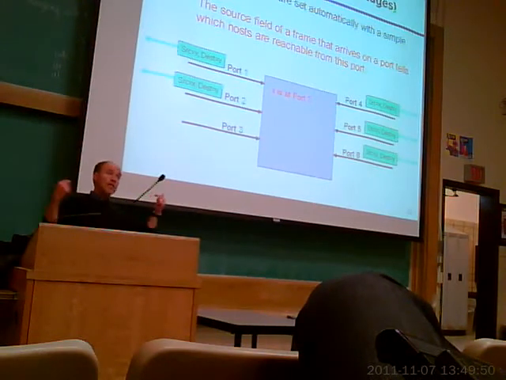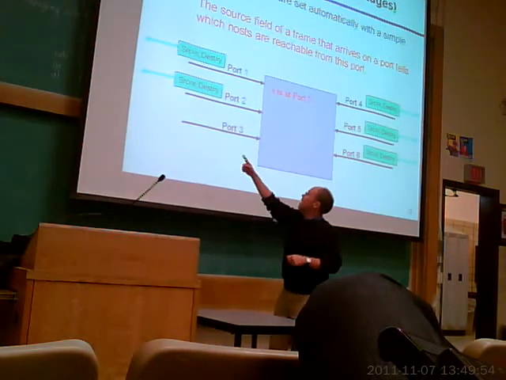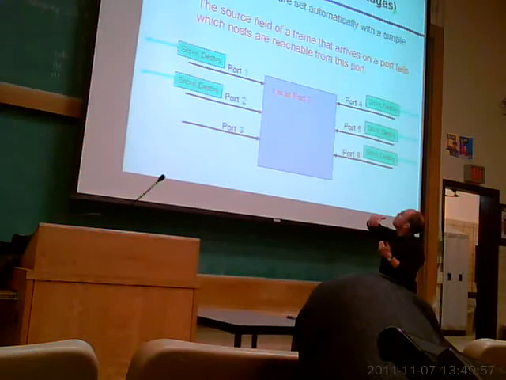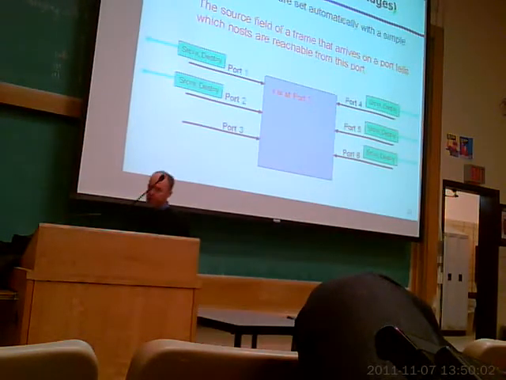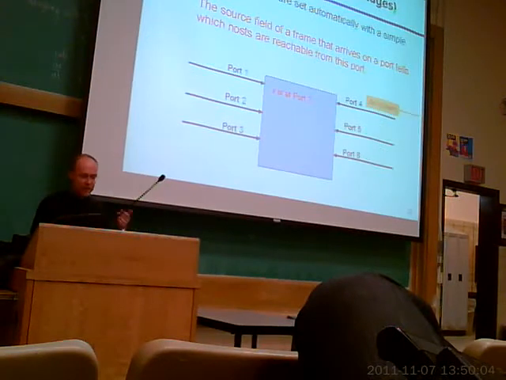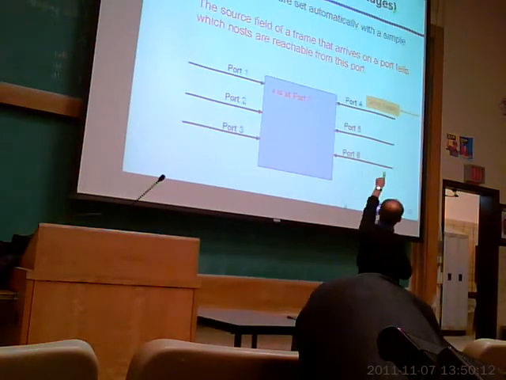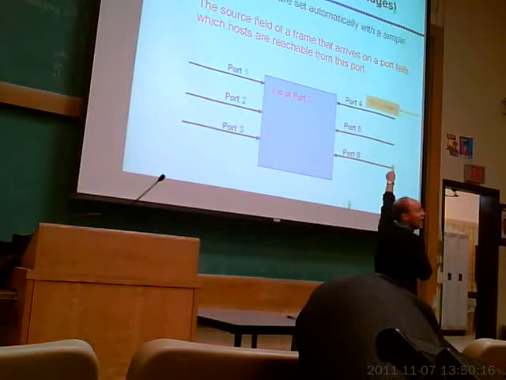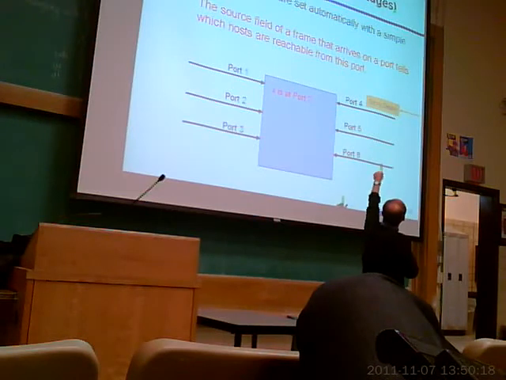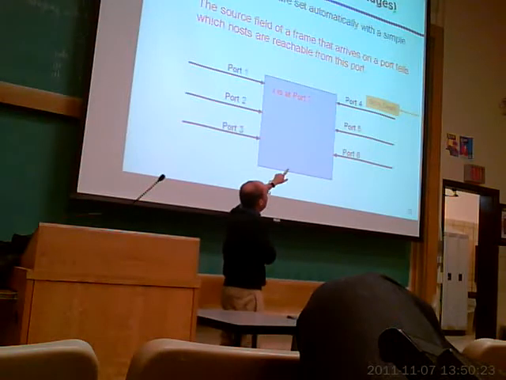Now let's suppose that packets reply. The packet that was sent on port 3 gets a reply from destination Y, and I think it's coming back on port number 4. Now the reply arrives at this particular switch, and 2 things take place. The switch looks up and says, this packet is coming from source Y, so I can make a new forwarding entry saying Y can be reached at port number 4.